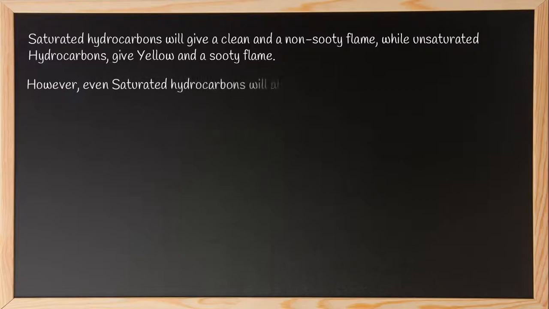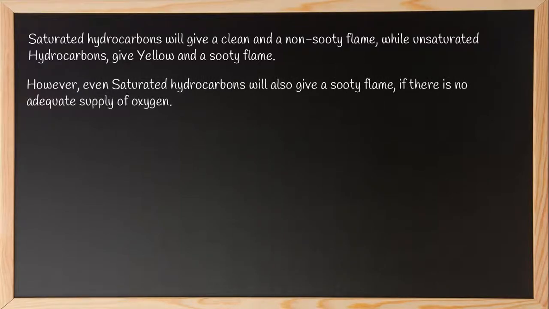However, even saturated hydrocarbons will give a sooty flame if there is no adequate supply of oxygen. If there is no sufficient oxygen, even saturated hydrocarbons will give a bright yellow sooty flame along with smoke.